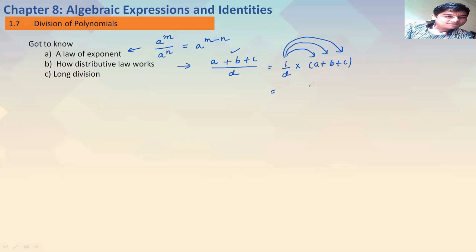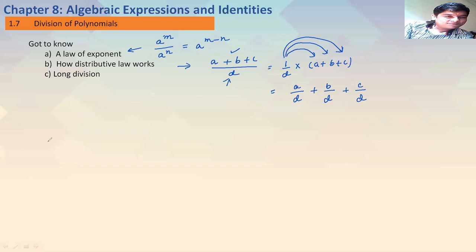It'll be A by D plus B by D plus C by D. There you go. So you can separate it like this. D can be taken under A, under B, under C. Yes. Right. And long division is a separate thing. We'll talk about that a little later.